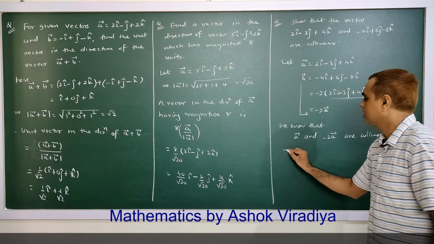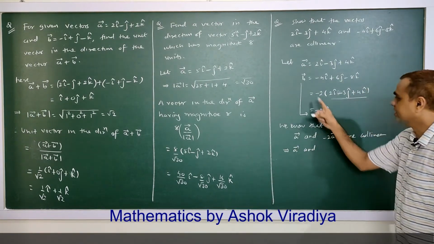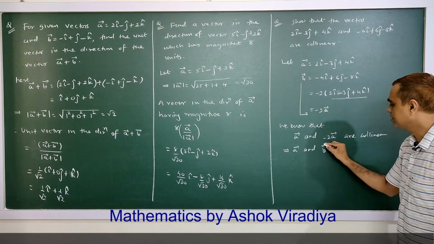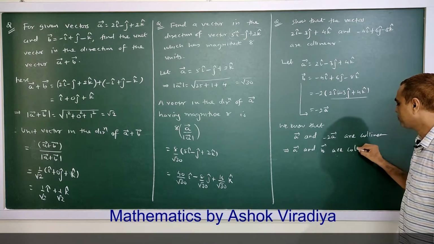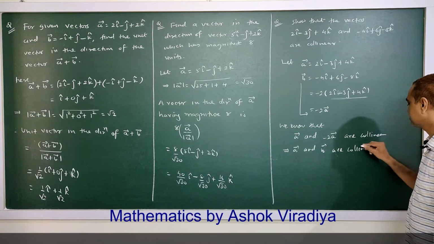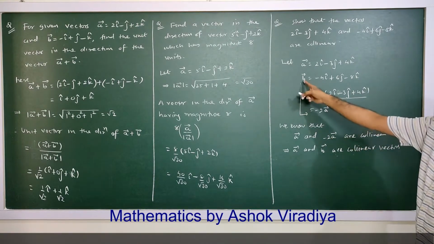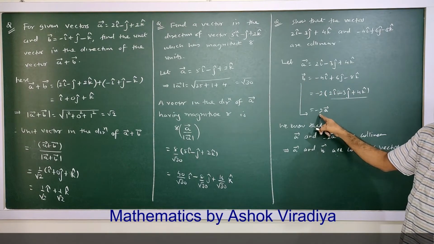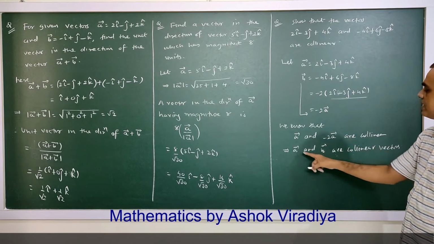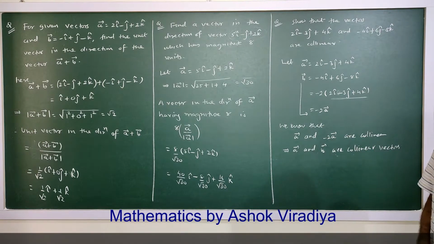That means vector A bar and B bar are collinear vectors. B bar is k times A bar, k is negative. So A bar and B bar are collinear. They are in opposite direction.